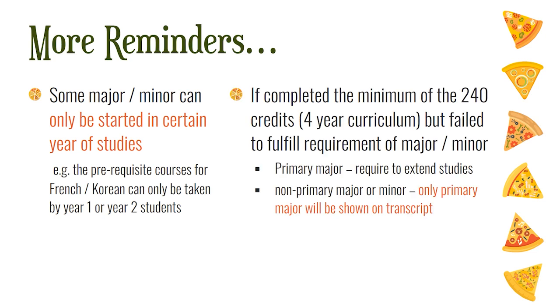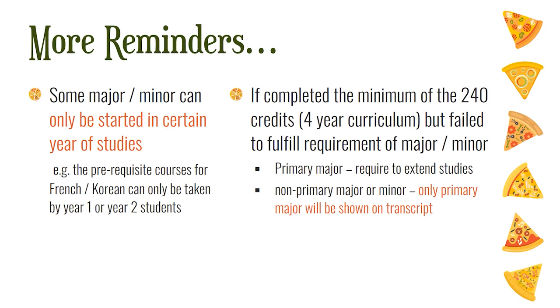And again, if you have completed the minimum of the 240 credits, which is the graduation requirement, but you fail to fulfill some of the requirements for the major and minor, what would happen? If you are talking about the primary major, your home major, then you are required to extend your study. Like you will be automatically deferred until you fulfill the home major requirement.